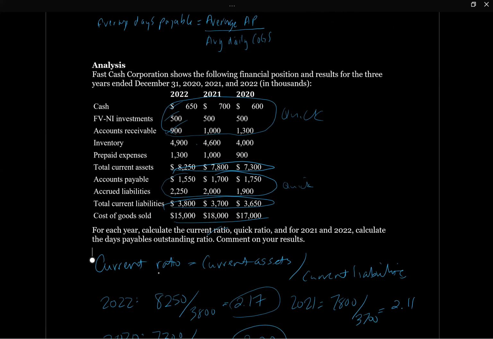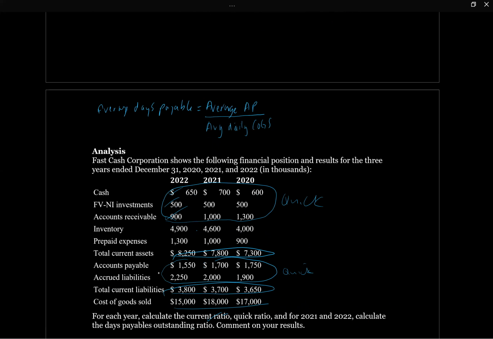We do have the cost of goods sold down here, but we certainly don't have it daily. So let's see what that's going to look like. We can only do this for 2 years because we're doing an average. So for 2022, our average AP is going to be 1,500 from 2022 plus the 1,700 from the prior year divided by 2.